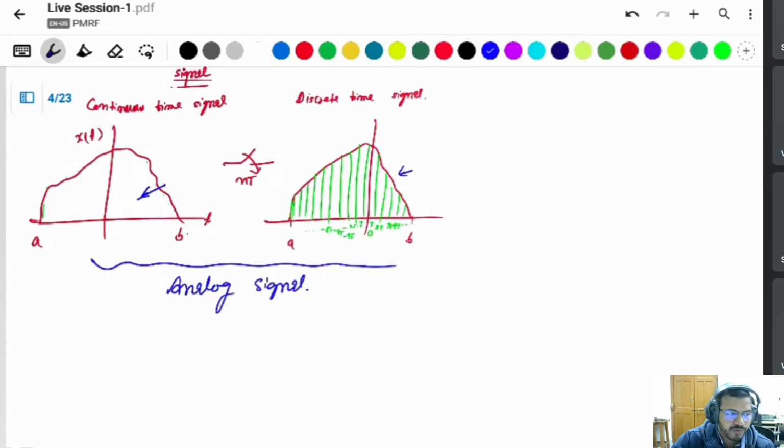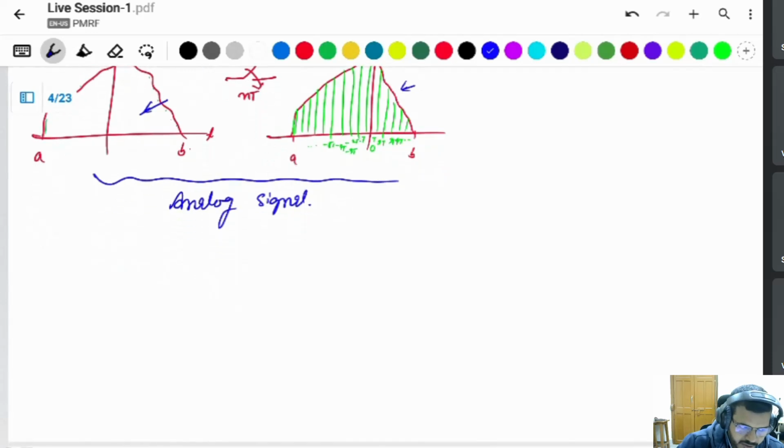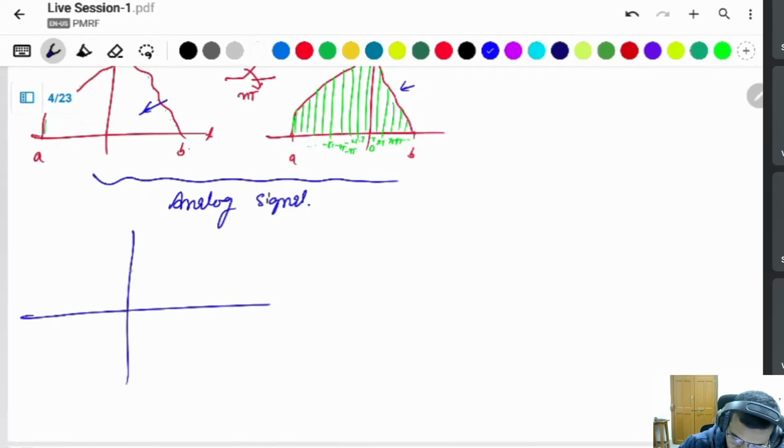The same thing, if you want to convert to a digital form, suppose anything in digital form, then you can say this is digital continuous and digital discrete, like 1 0 1 0.